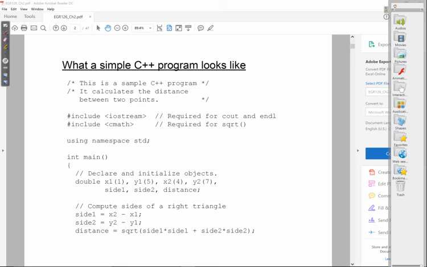If you have a very long comment, you do not need to indicate that every single line is a comment. All you need to do is put at the very beginning the slash and the asterisk. Then you could type multiple lines of comments, I don't care how many. And at the very end of that comment, you just put in the asterisk slash. Then the computer says, okay, I ignore everything in between the slash asterisk and the asterisk slash. So that's how you comment.